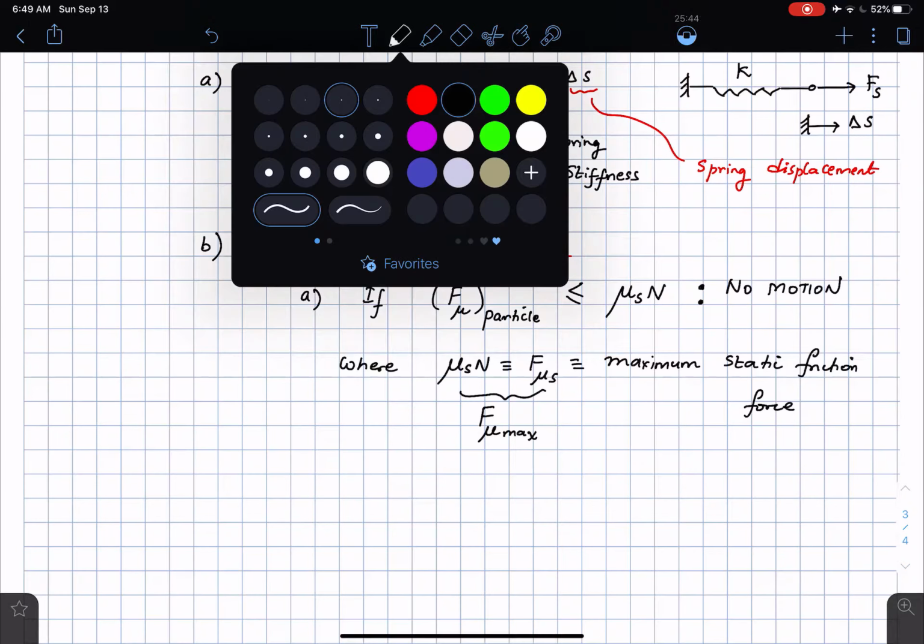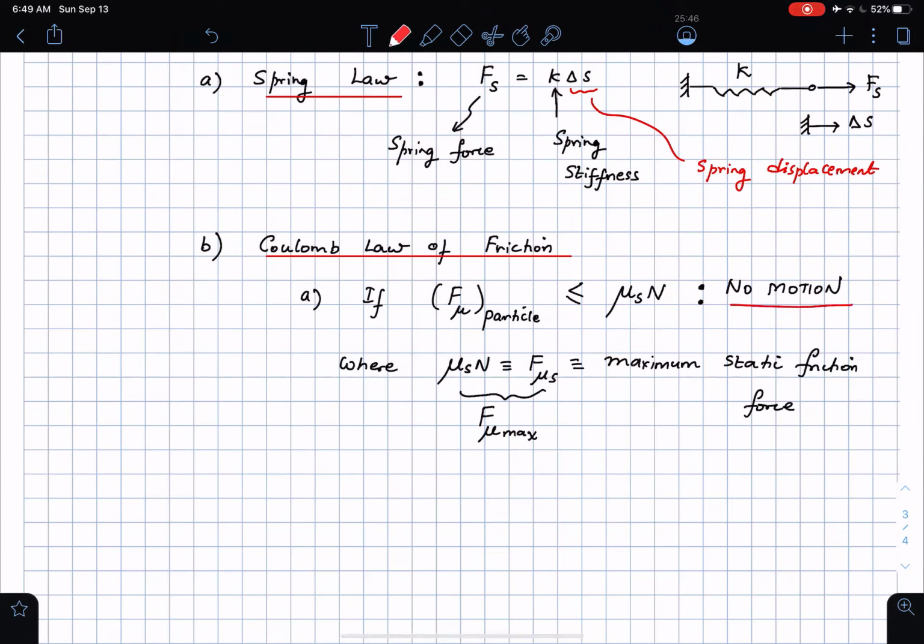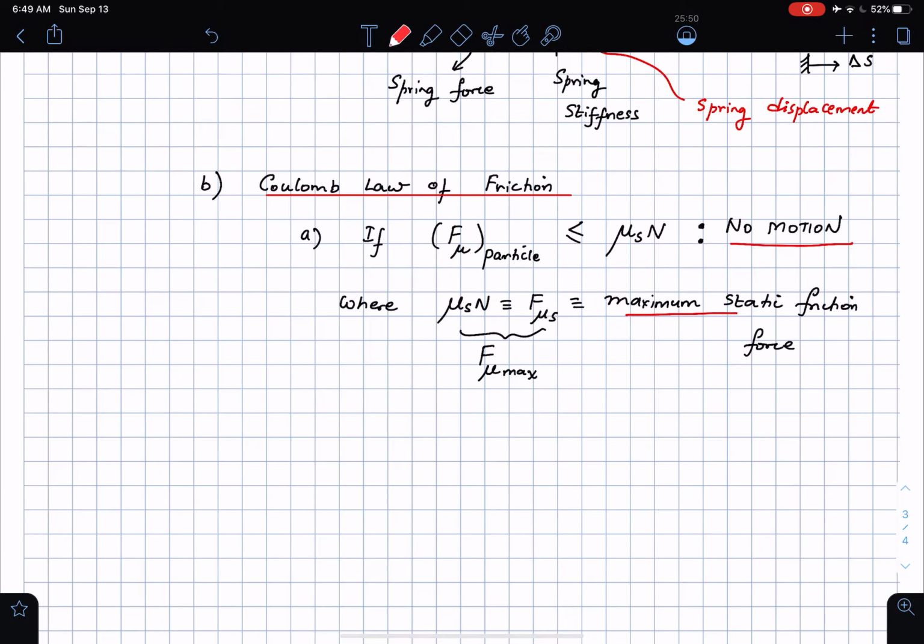That is, you're doing statics, which is fantastic news because we used to love statics, right? So this is the maximum static friction force, F mu max, according to Coulomb's law.